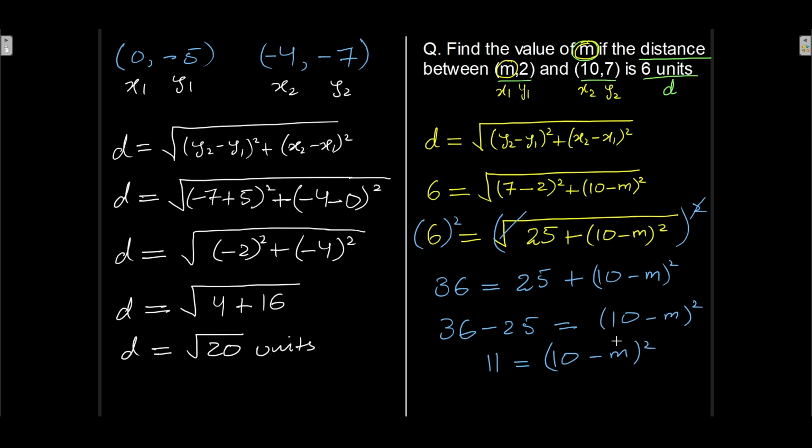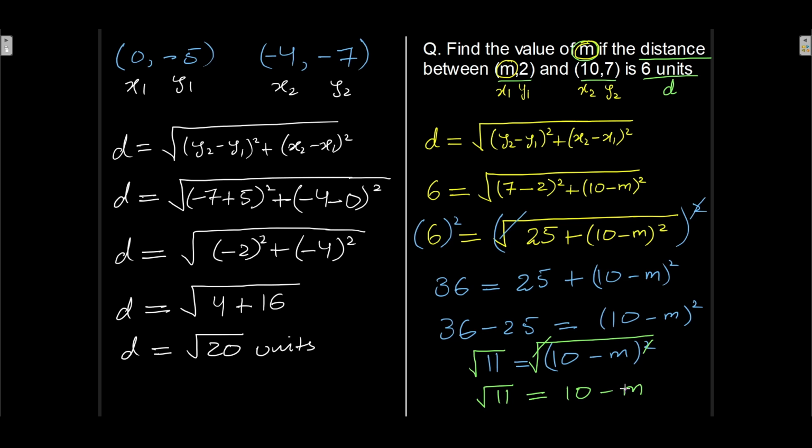Now I need to find the value of m. So all you need to do is just simple mathematical calculations right here. As I need to find the value of m, I need to get rid of this square. When you have to get rid of a square, you take the square root on both sides. So this square gets cancelled out by this root. So I get root of 11 is equal to 10 minus m.